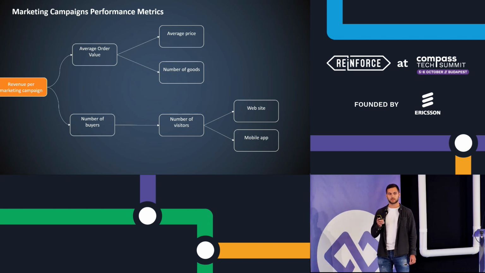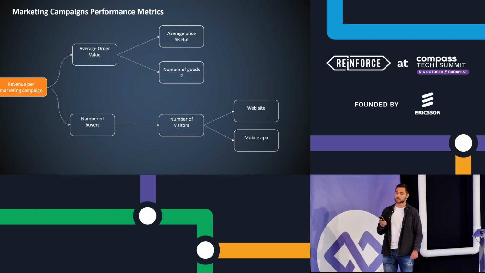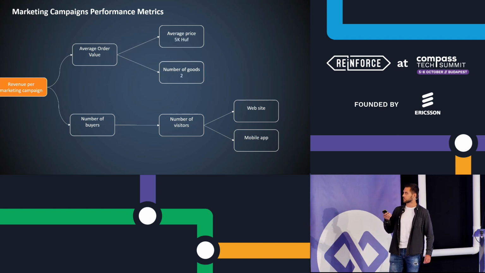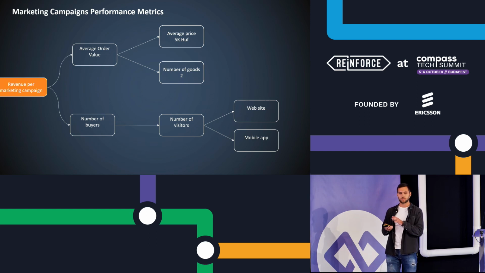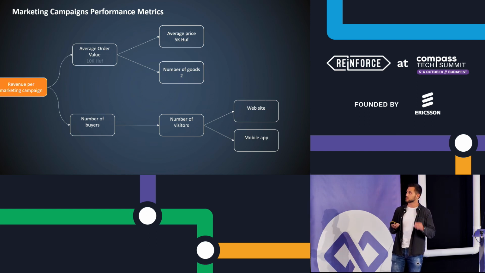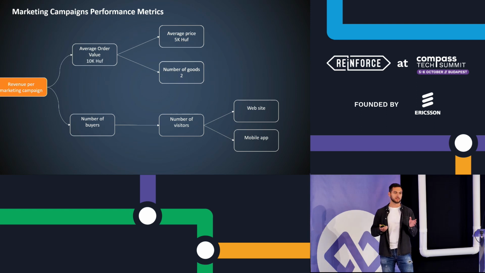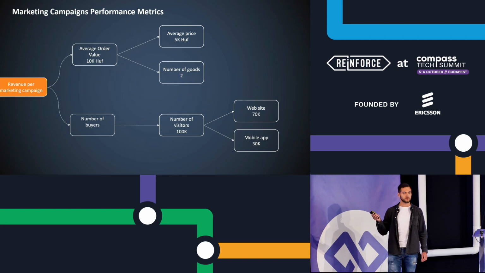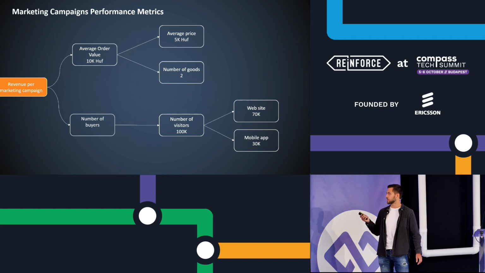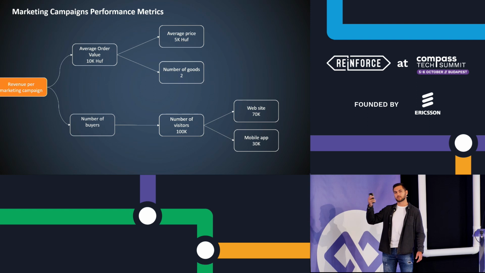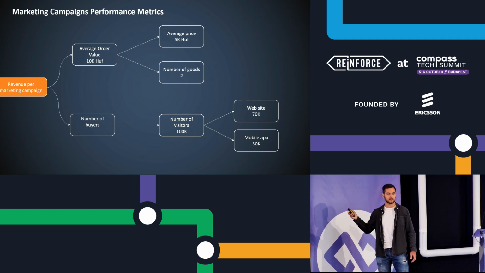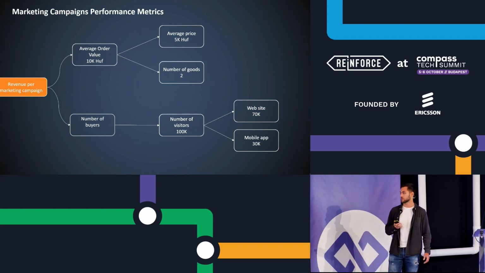Let's think about a simple example of a marketing campaign that we can run. The average price is about 5K forints, number of goods 2, it's just an average. Then the average order value will be 10K. Now let's look at the visitor side. We have 100,000 visitors in total, 70% on the website and 30% on the mobile application.